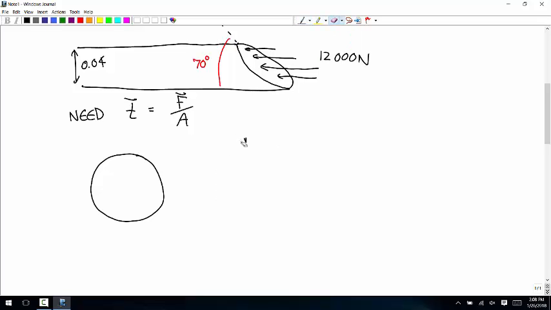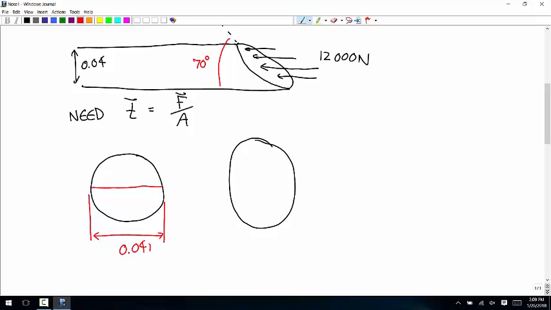Let me try that again. Okay, well, this distance is 0.04 meters, just like this distance is 0.04 meters.